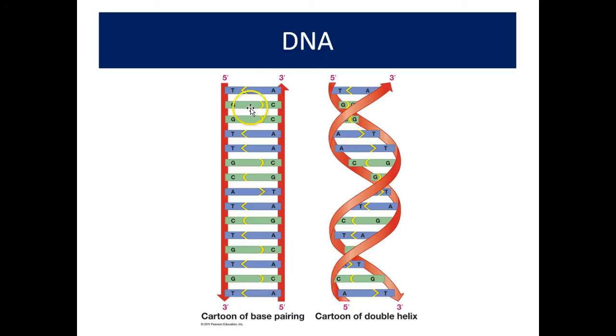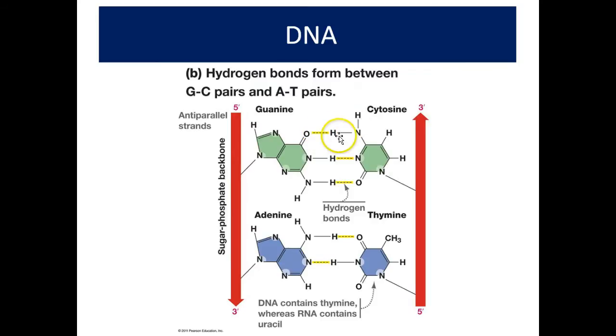The way these bonds occur between these nitrogenous bases actually causes the DNA to form a spiral or a helix, which is really the secondary structure of DNA. It is how these hydrogen bonds form that causes that spiral in DNA.